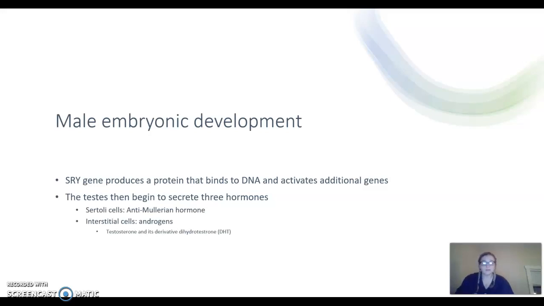Testosterone converts Wolffian ducts into male accessory structures such as the epididymis, vas deferens, and the seminal vesicle. It is also responsible for the migration of the testes from the abdomen into the scrotum. And the dihydrotestosterone is responsible for differentiating the external genitalia.